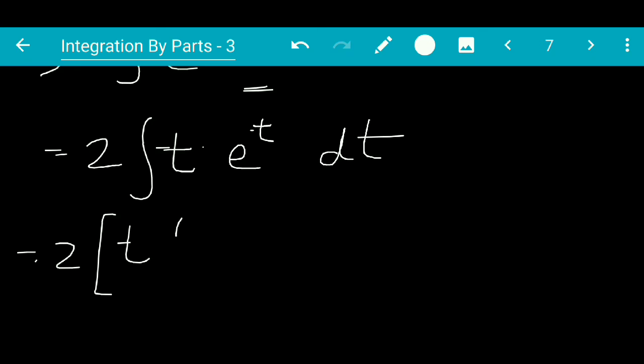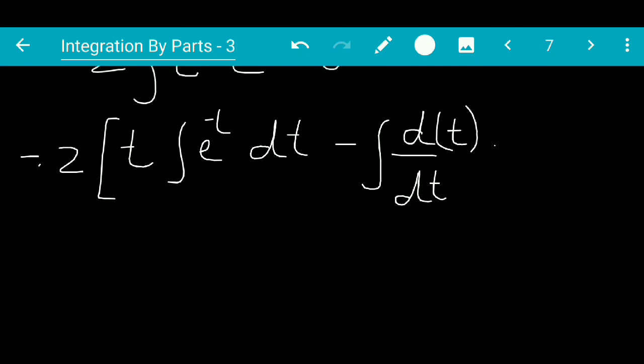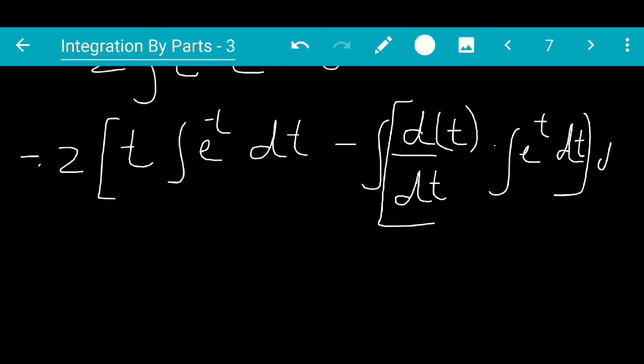t integral of e raised to t dt minus the integral of d dt of t into the integral of e raised to t dt. And the whole into dt. Okay. Then again 2 is common, so 2 is common for all the terms.